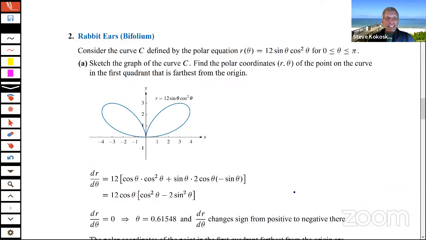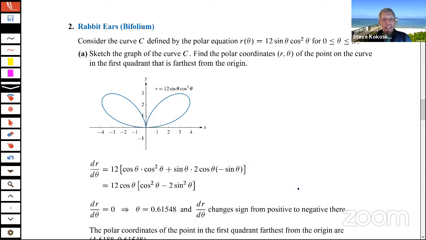All right, I'm going to take a look at one more quickly here, Curtis, and then I'll pass it over to Tom. Let's take a look at this rabbit ears graph. Perfect, just after Easter. Consider the curve C defined by this polar equation, r = 12 sin θ cos² θ. I've sketched this curve, and we want to find the polar coordinates of the point on the curve in the first quadrant that's farthest from the origin.